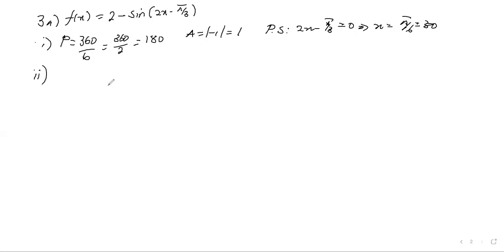So we need to sketch that function. Remember, when you're asked to sketch, you need to get one more thing: the scale, which we said is period divided by 4. So in this case, it will be 180 divided by 4, which is equal to 45.